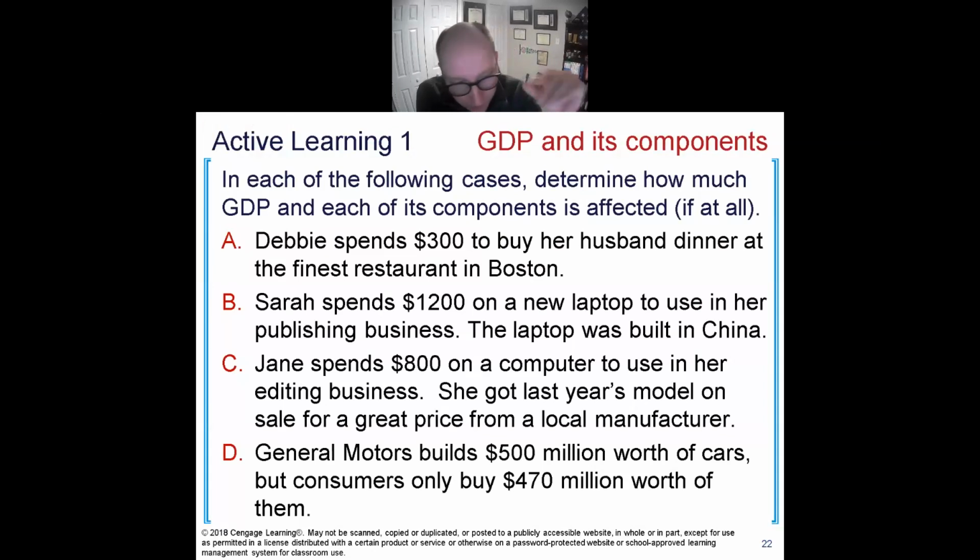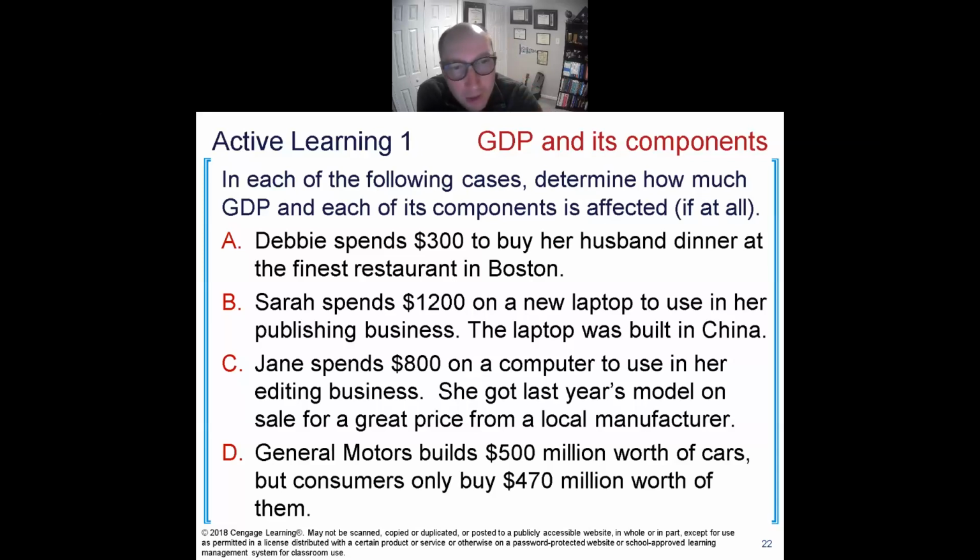This is a little complex, okay? We need to figure out what is what. So here we have a list of transactions. These transactions represent various components in gross domestic product.